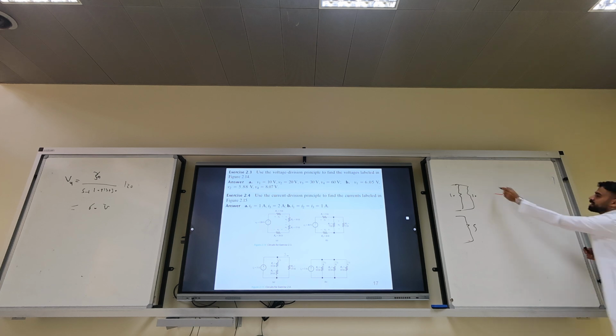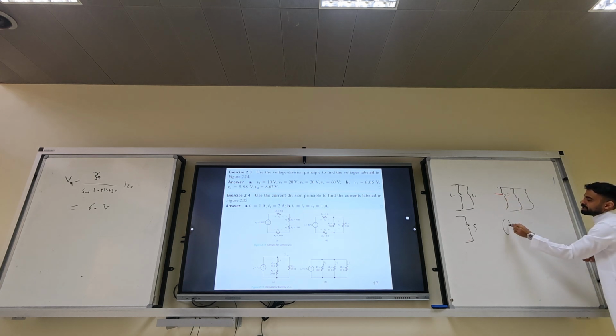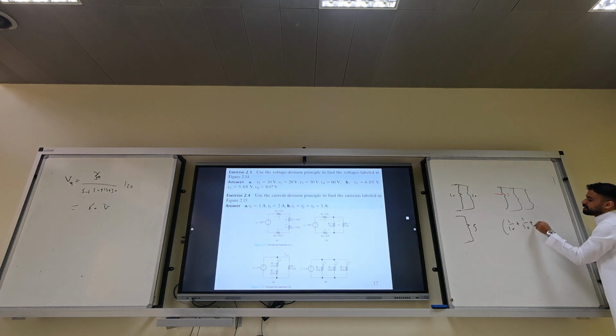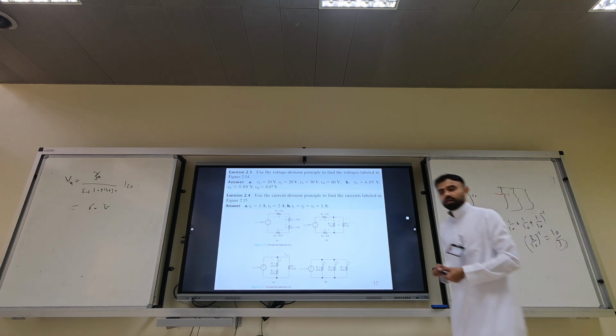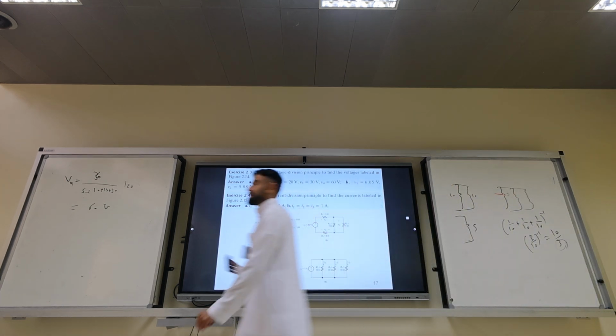What if there are 3? 10, 10, 10. It's 1 over 10 plus 1 over 10 plus 1 over 10. Inverse, which is 3 over 10. Inverse, which is 10 over 3. So the key here: divide the same resistance by 3. What if I bring you a, that's a good question for the exam.